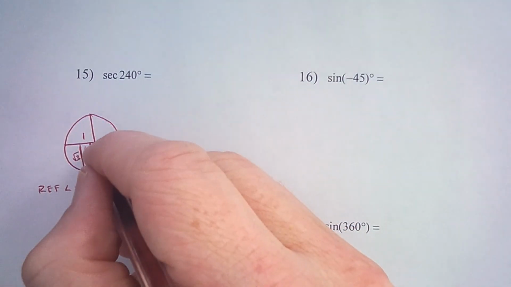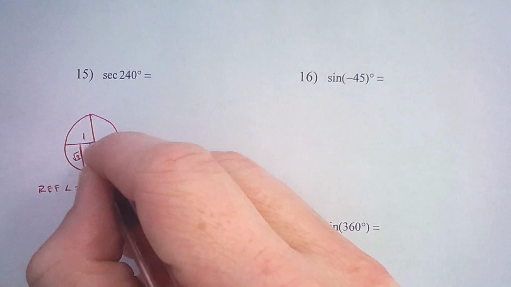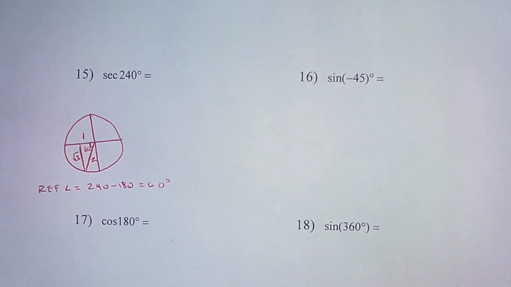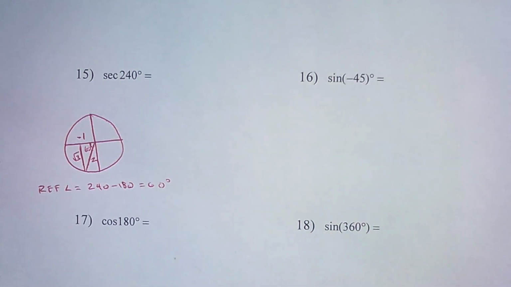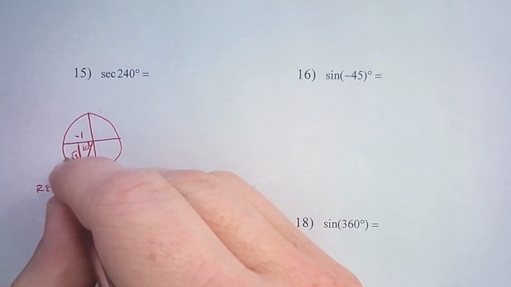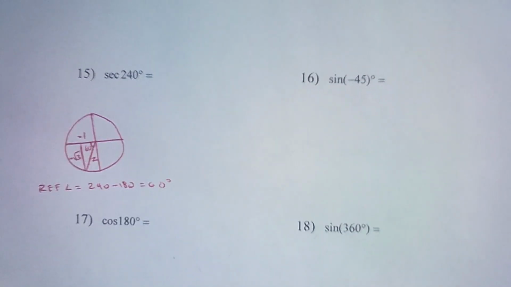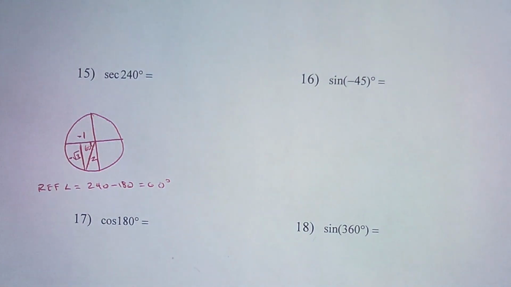Now this hypotenuse, that is the radius. That's always a positive number. This short leg, though, goes to the left, so that's got to be negative. And this longer leg is down, that is negative. So x and y can be negative, but remember the hypotenuse, the radius, is always a positive number.